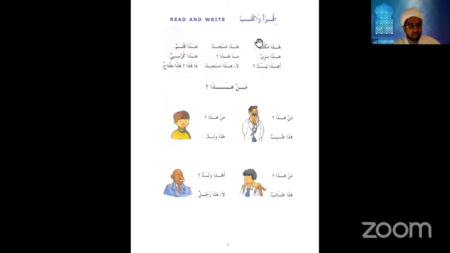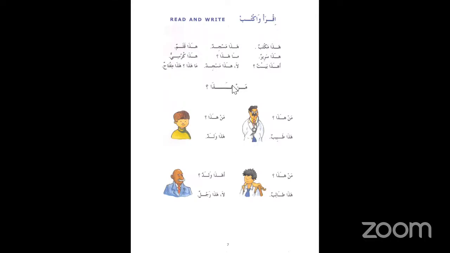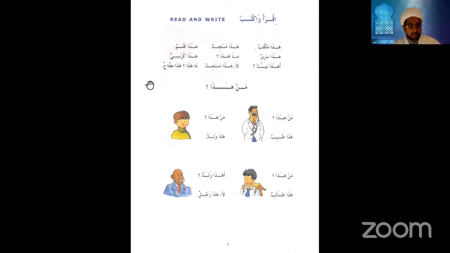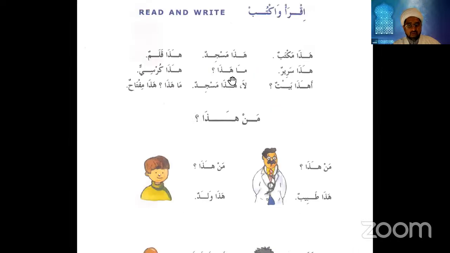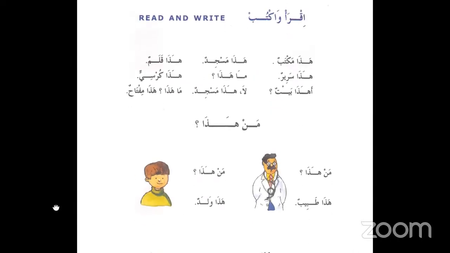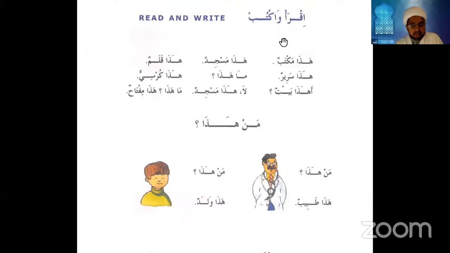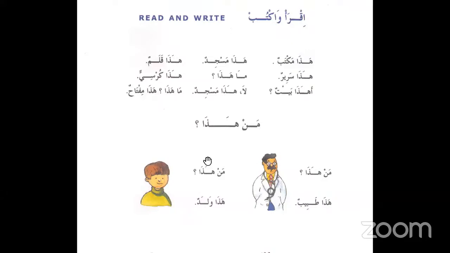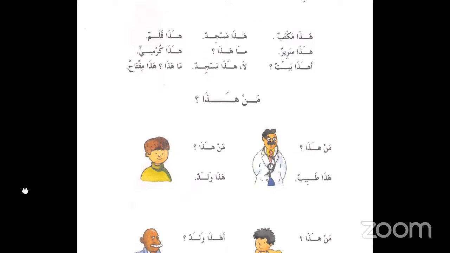هذا مكتب. بسم الله. عليكم السلام ورحمة الله. Bismillah. From the top of the page. بسم الله الرحمن الرحيم. هذا مكتب. This is a desk. This is a table. هذا مسجد. This is a mosque. هذا قلم. This is a pen. هذا سرير.